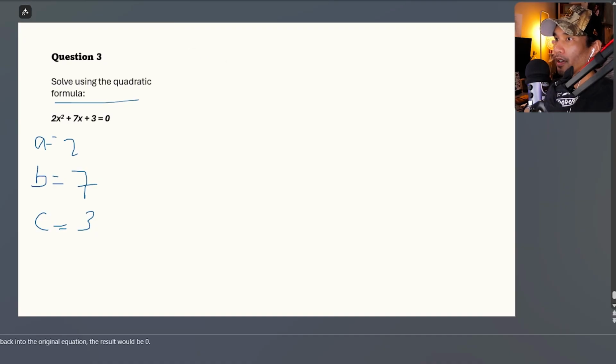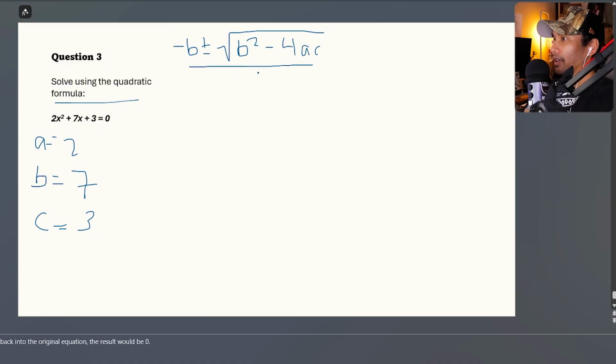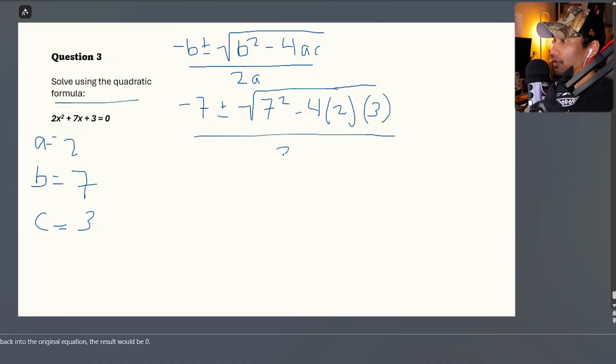So we have our formula, which is -b plus minus square root b squared minus 4ac, everything over 2a. Now let's just plug everything in. Negative 7 plus minus 7 squared minus 4, 2, and 3 over 2a.